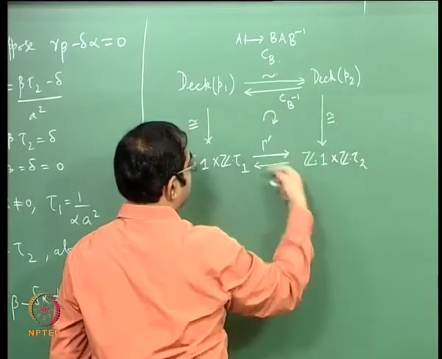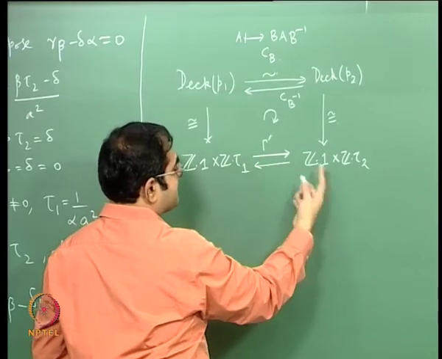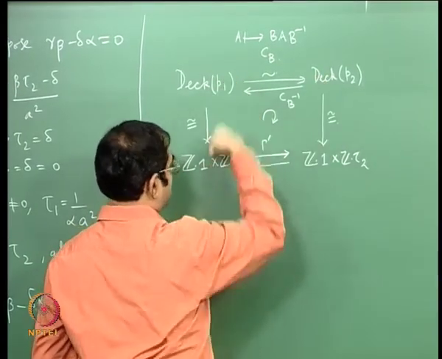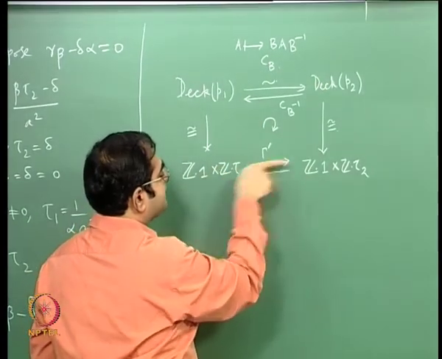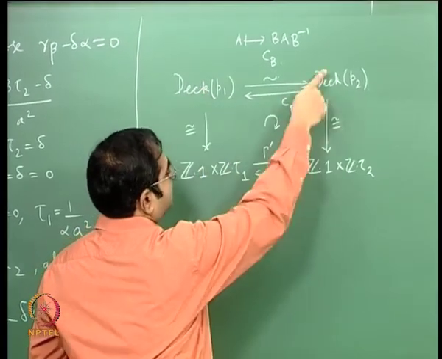So the conjugation by B inverse is going to induce a map like this, namely this map is this followed by this followed by this. And that map is this followed by this followed by this.